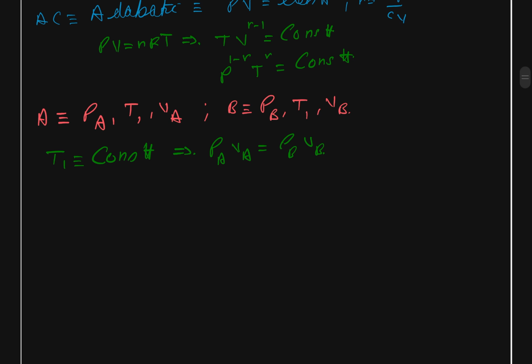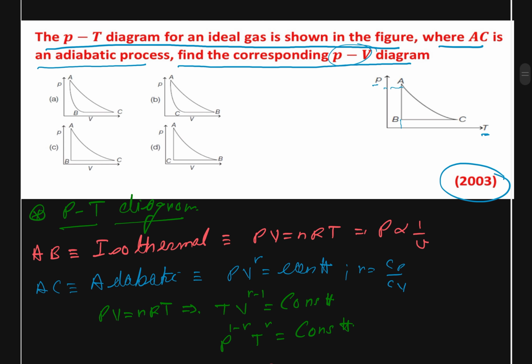And if we assume it to be an expansion, then for expansion we can write that VB is greater than VA. One second, it doesn't look good actually.